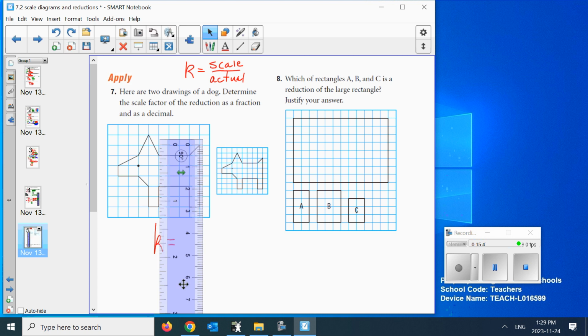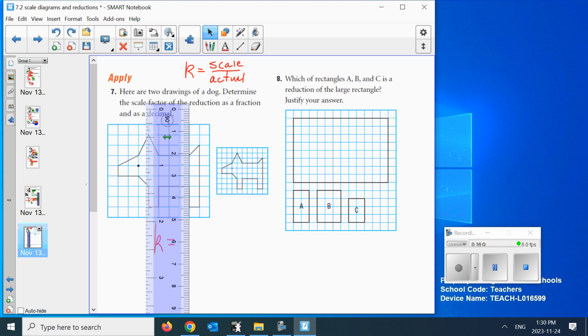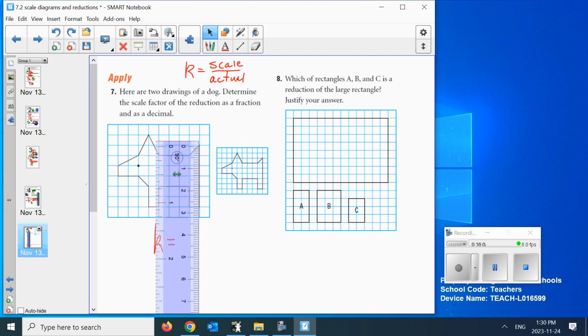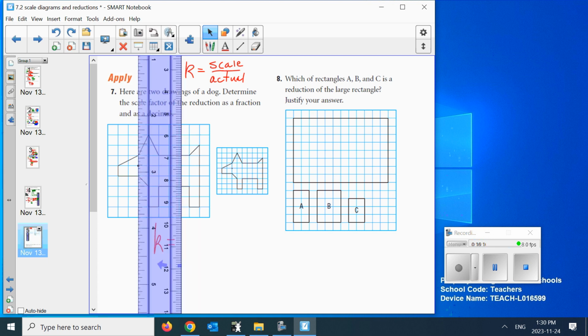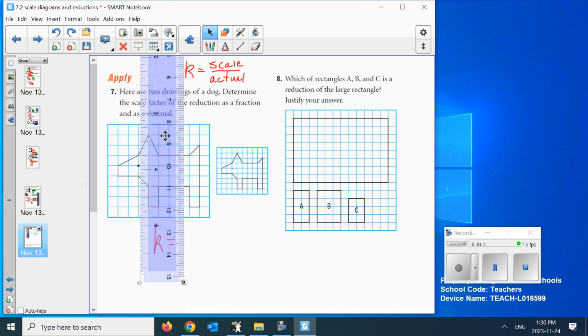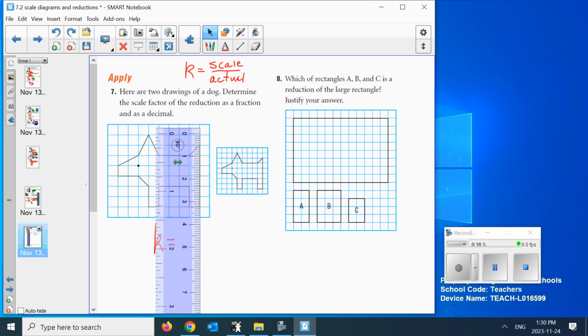So I think this looks like 28 to me. What does it look like to you guys though? Because your rulers might not be in sync with mine. What do you have? 30? Okay. Your ruler is different. You see your photocopy and my photocopy. That's fine. I'm going to just stretch my ruler so it's 30 as well. Get the same measurement. Oh, I'll be darned, I stretched it too much.